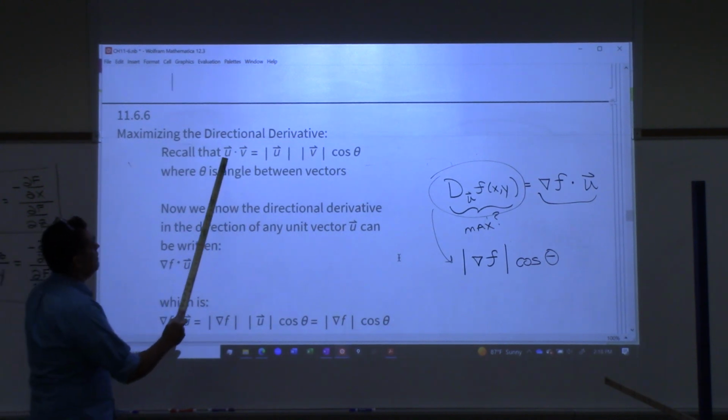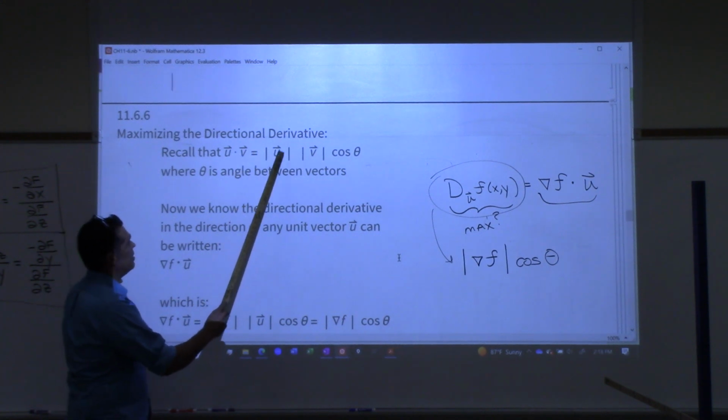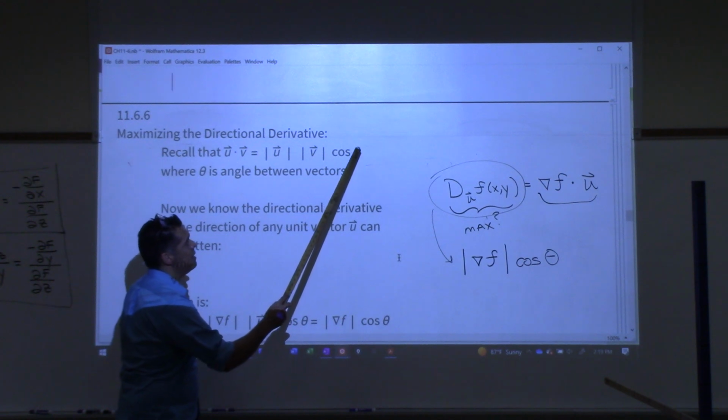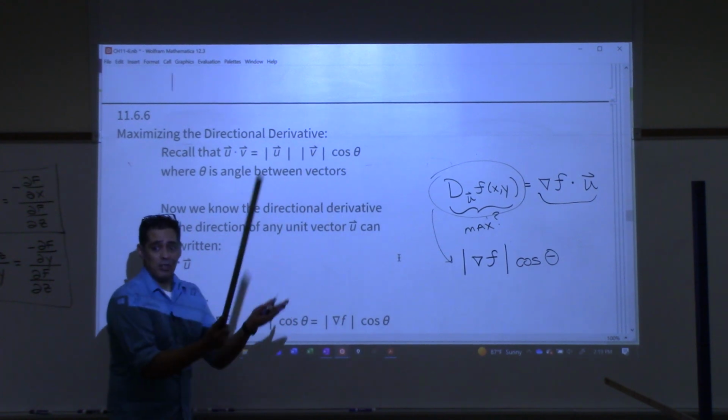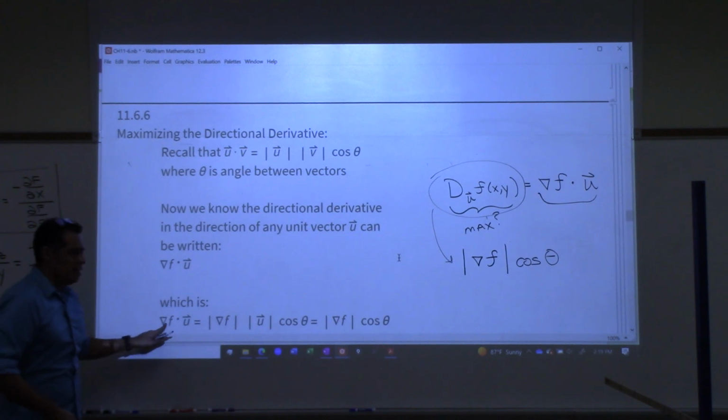Okay, so let's back up. The definition of the dot product between two vectors is the magnitude of the first times the magnitude of the second times cosine of the angle between the two vectors. What are we dotting together? The gradient vector, and the, yes, but what does this vector represent?